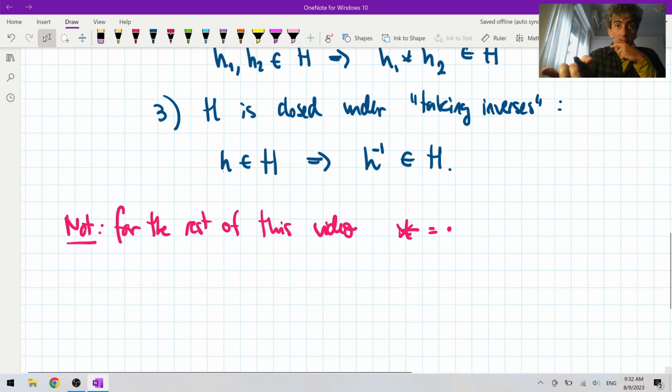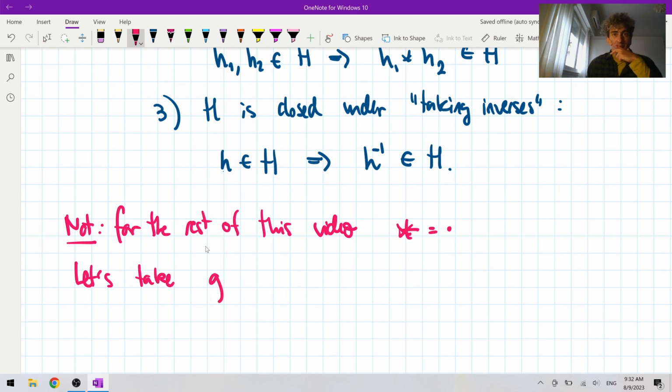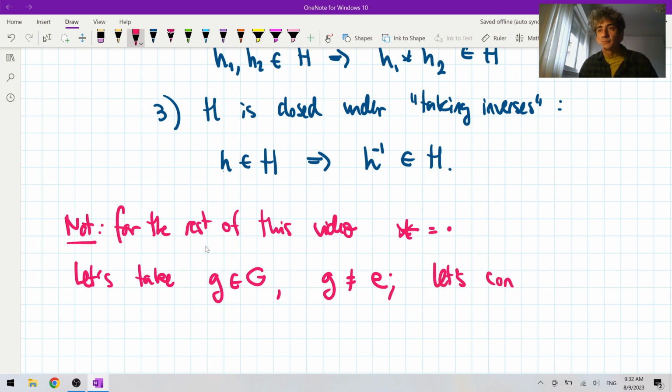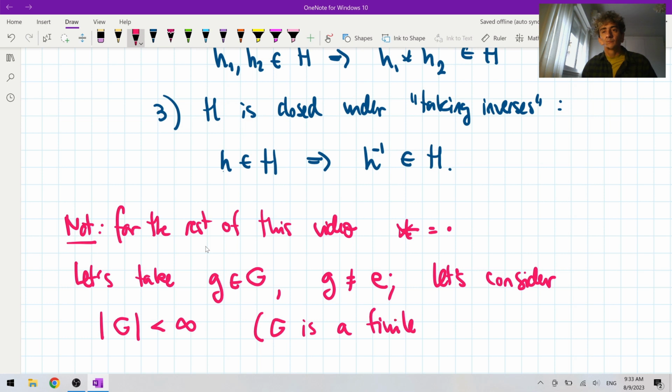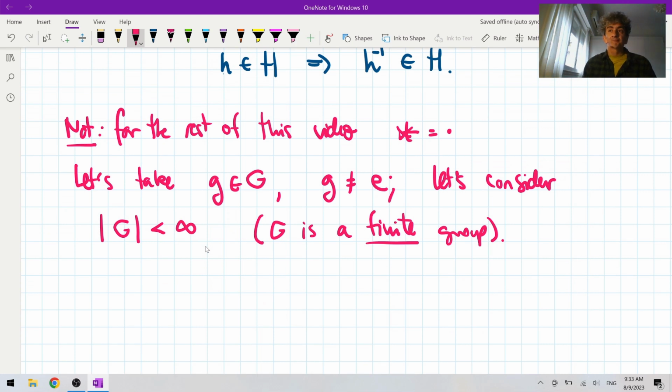So let's do this. Let's take g in G, g not equal to the identity element, and let's consider a finite group G. And what about the set of powers of g?